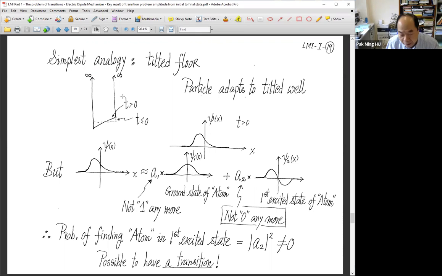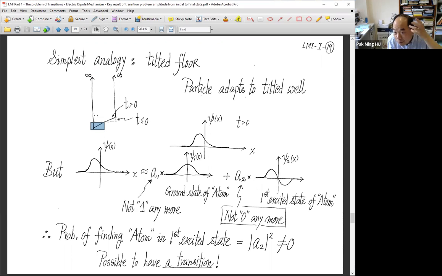So now, let's see. What is the ground state of this tilted well? I think you have done this in your perturbation part, right? The early part. Well, by physical sense, this part has a lower potential energy, so by having more chance to find the particle on this part, the wave function will have a lower energy expectation value.